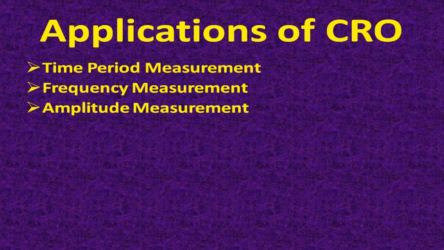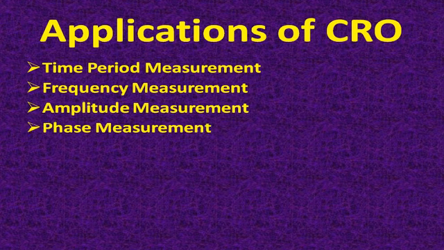Then next is amplitude measurement. Amplitude or voltage: we can vary the volt per division knob and measure the amplitude of the waveform on the screen of a CRO. Phase measurement is also a most useful application.